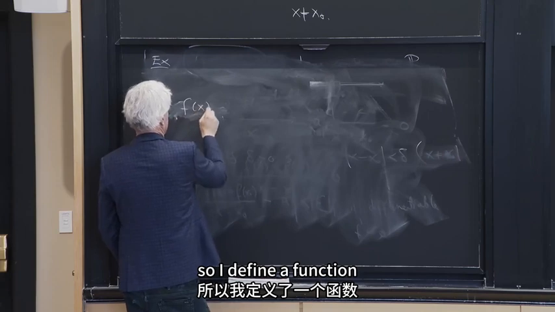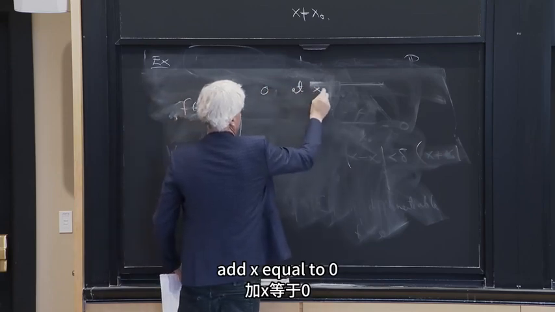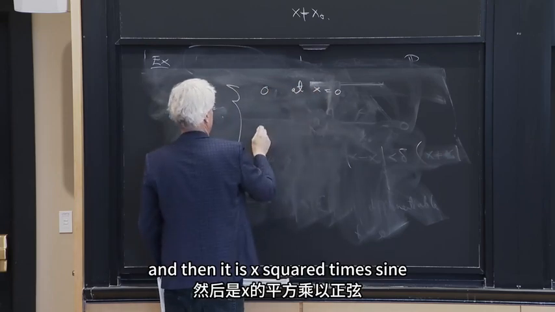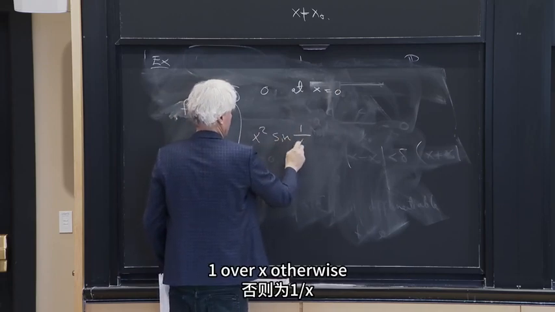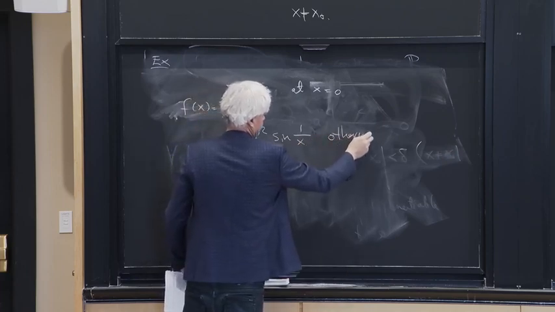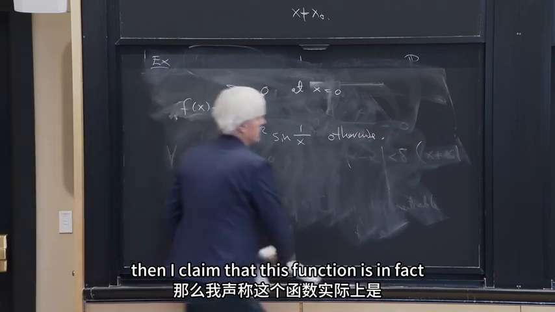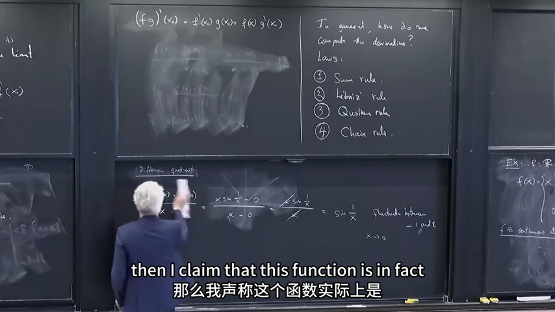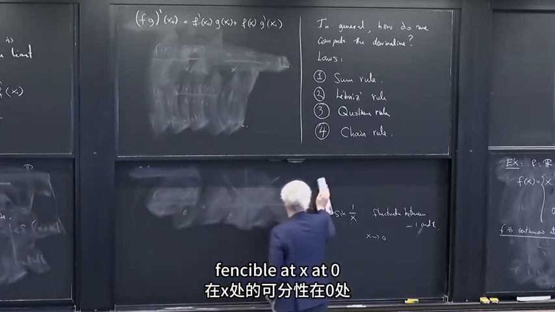So I define a function that is 0 at x equal to 0, and otherwise x squared times sine 1 over x. I claim that this function is in fact differentiable at 0.